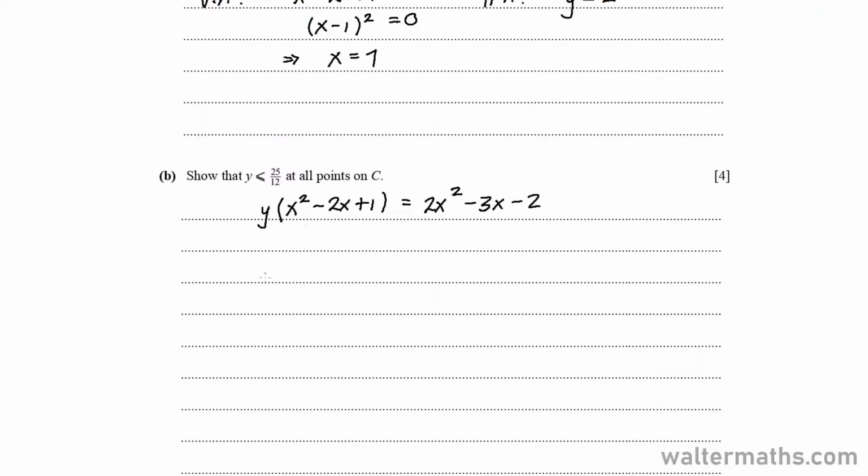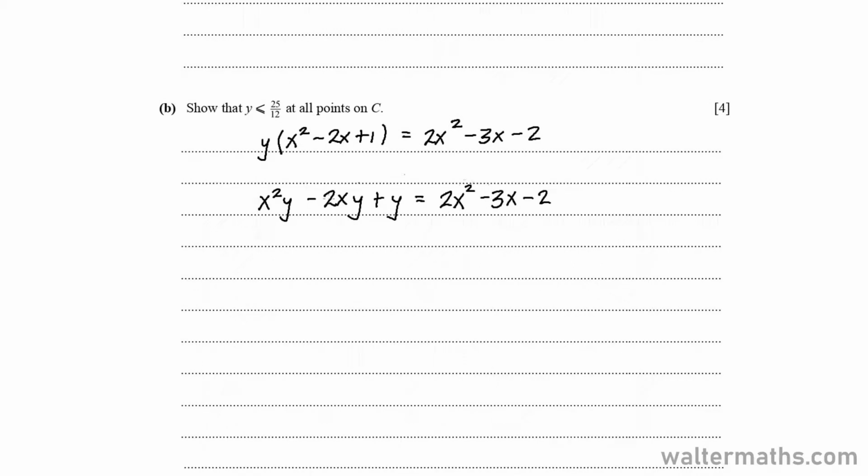Now I'll simplify. On the left side, we'll be having x squared y minus 2xy plus y, and that's equal to 2x squared minus 3x minus 2. Now I'm going to take everything that's on the right side to the left side. And grouping the terms, I'll be having x squared y minus 2x squared, then minus 2xy, and that's plus 3x, then y plus 2, and that's all equal to 0.